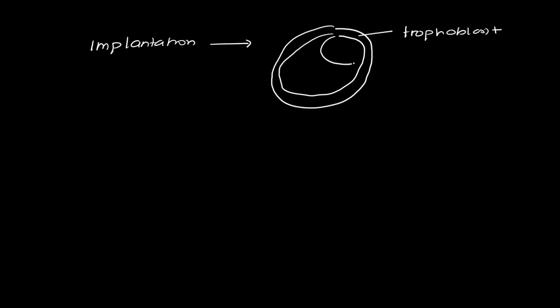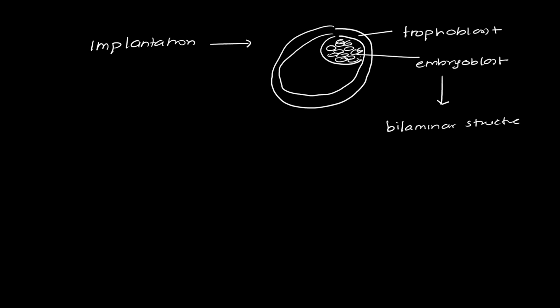And then there are a few other cells which are known as the embryoblast. What happens is that the embryoblast in the second week will form a bilaminar structure.